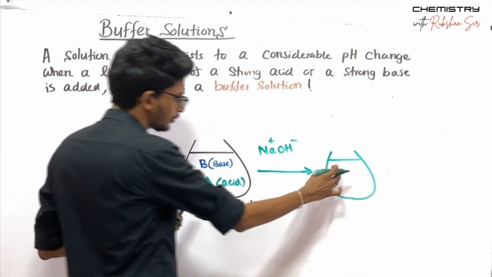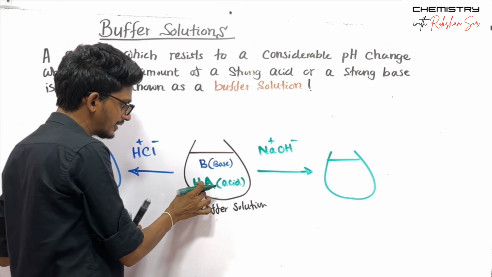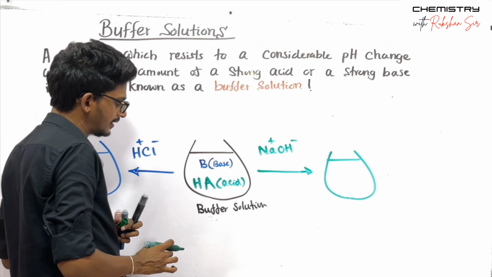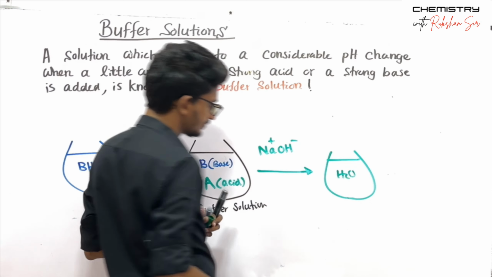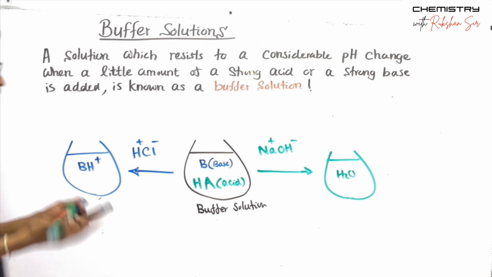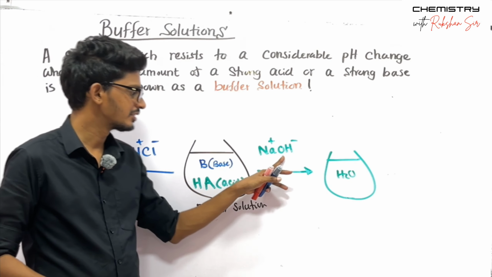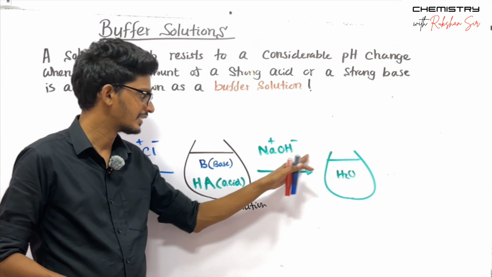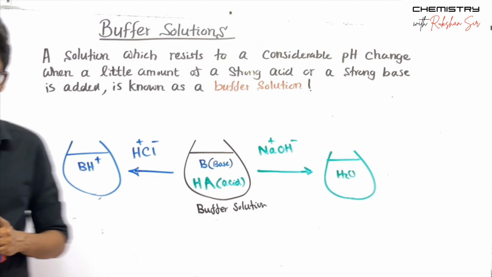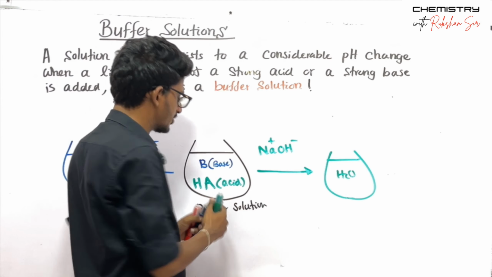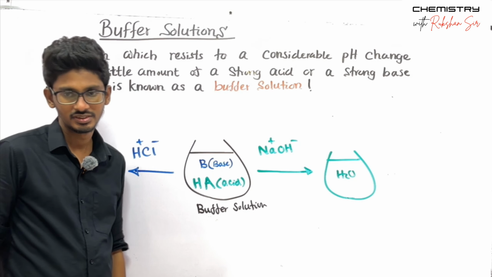So you won't see the presence of OH minus here, but OH minus will be neutralized by this H plus, ultimately providing you some water, right? Not that much of a pH increase will be observed, as the OH minus is not appearing in the flask now, because it has been neutralized by the acid of the buffer solution. So basically, to form a buffer solution, as constituents it should contain a base and an acid.